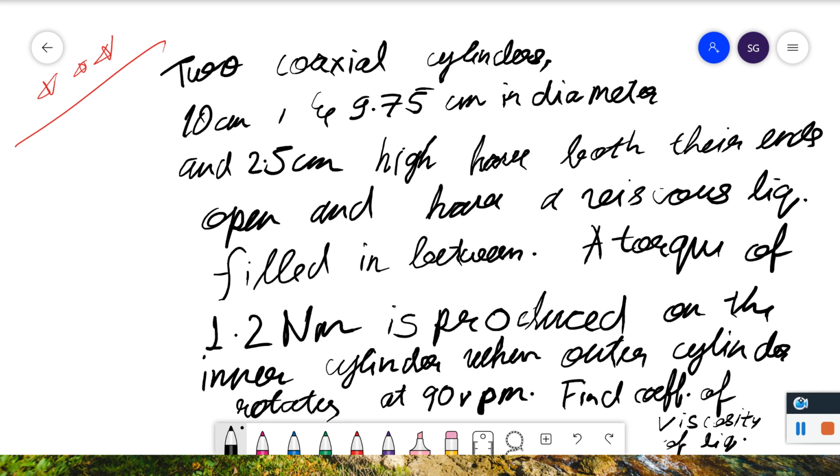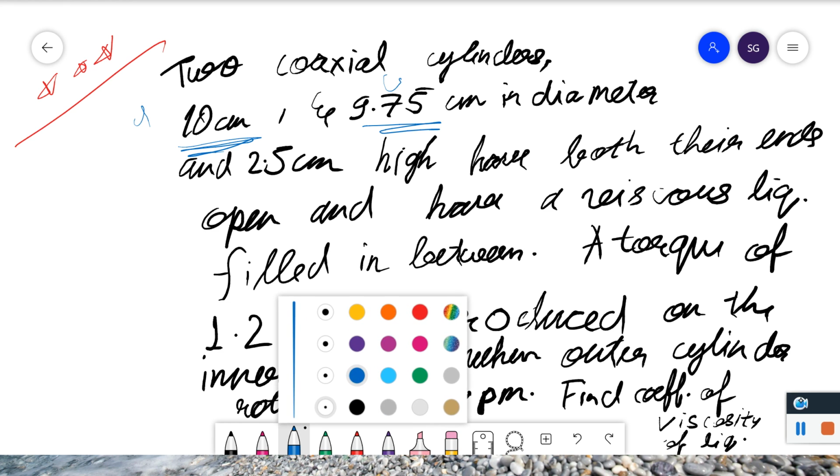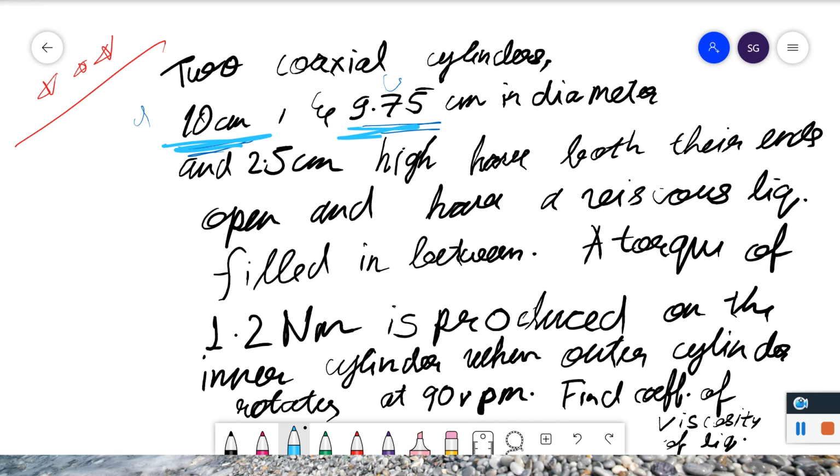This is the question, and here the unknown terms are, and the given quantities are, this is the first cylinder D1 diameter, and this is the second cylinder. This is D1, this is D2. Two cylinder diameters are given, and its length is also given.